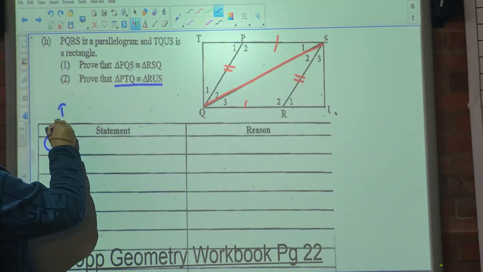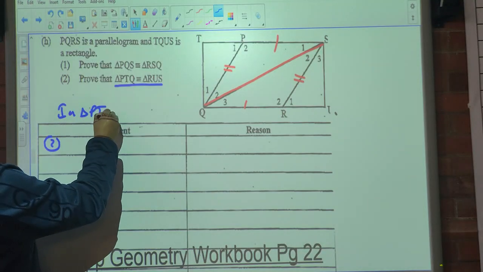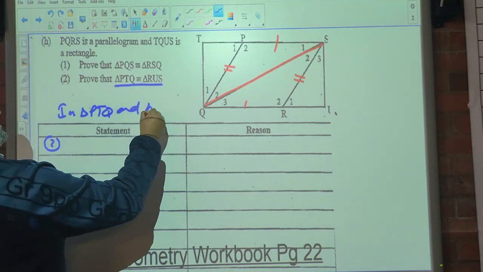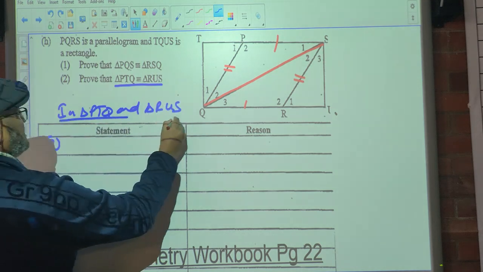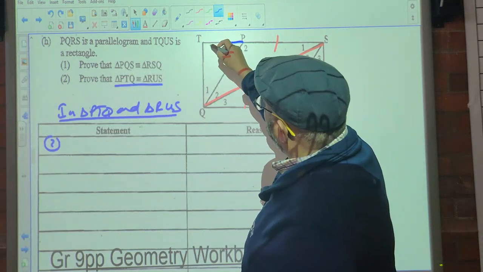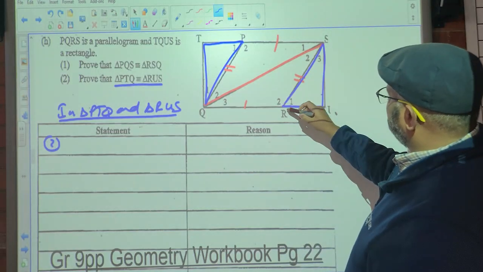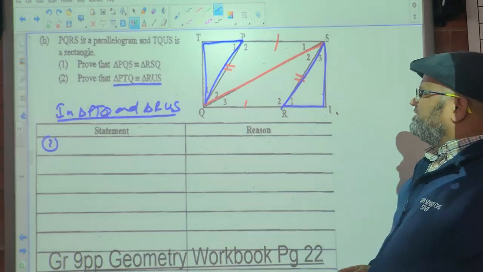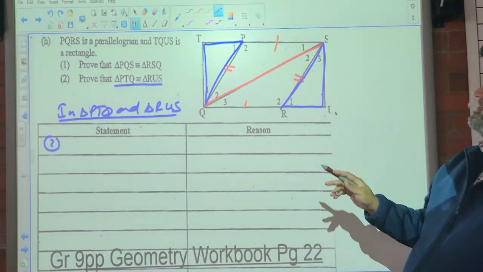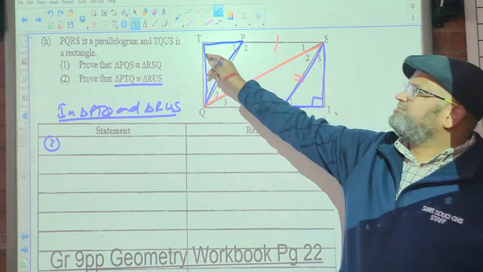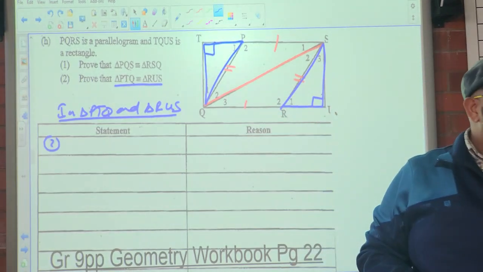So in number 2, we're going to say in triangle PTQ and triangle RUS. So we know already that this is 90. We have spoken about that already, not so.